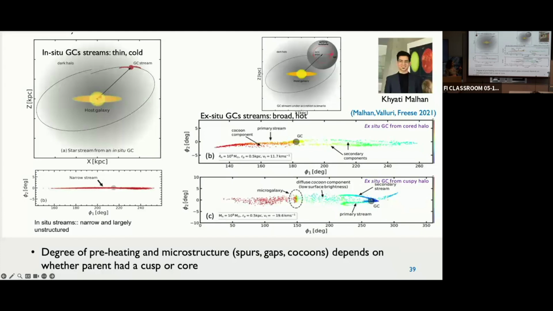So if you have this early phase of tidal heating, which is happening long before the dwarf galaxy and the globular cluster fell into the Milky Way and experienced its tidal field, and that is still manifested in the structure of the stream, then it provides a different way to probe the initial density profiles of these dwarf galaxies, which form these very low metallicity globular clusters. So yeah, that's another area we're working on.